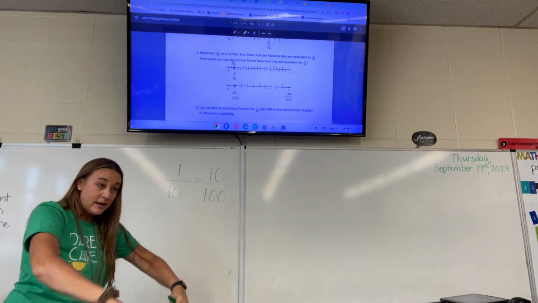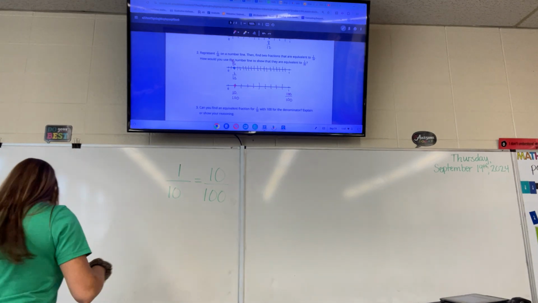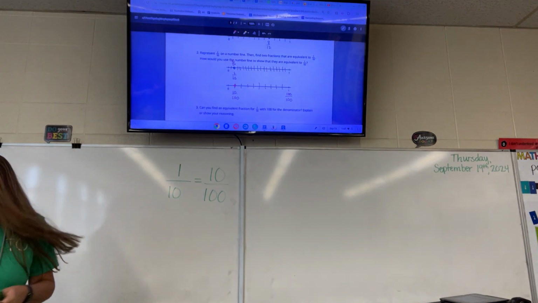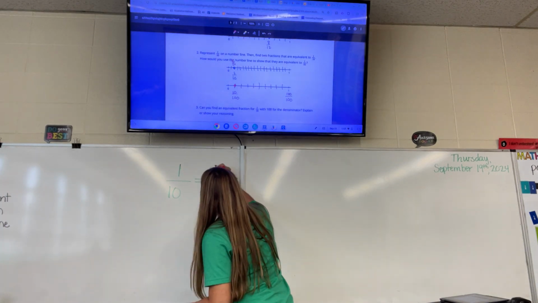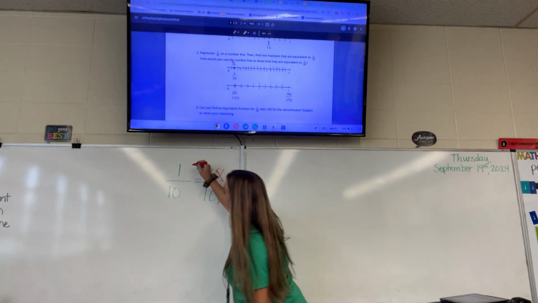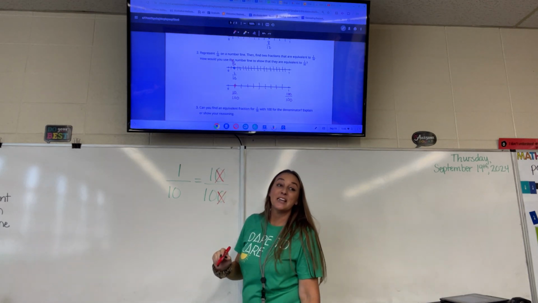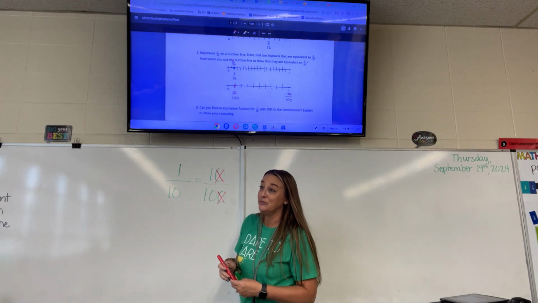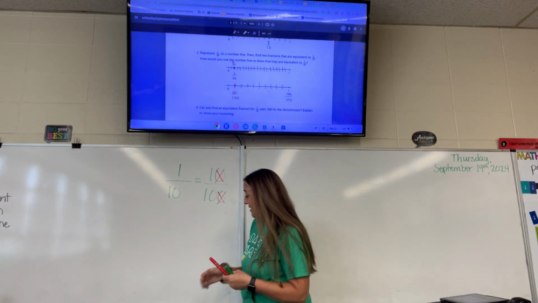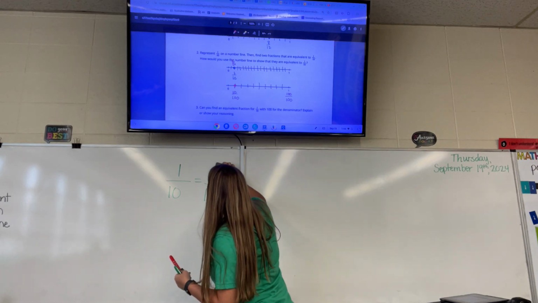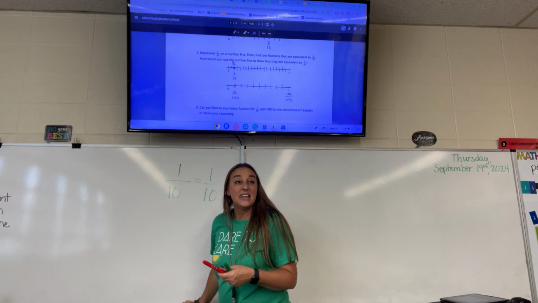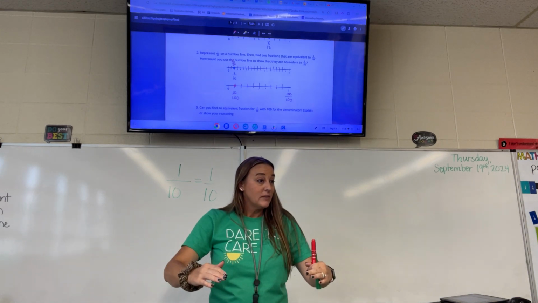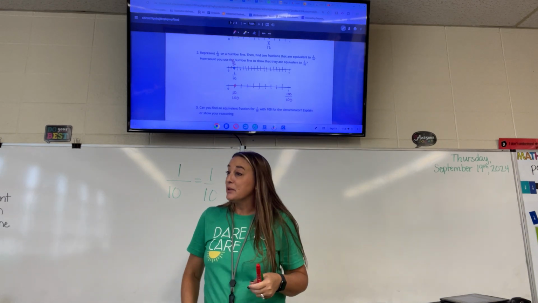That includes this. Just add a 0 on the 1, add a 0 on the 10. If we cross out zeros, it's dividing both by 10. If we add zeros, it's multiplying both by 10.